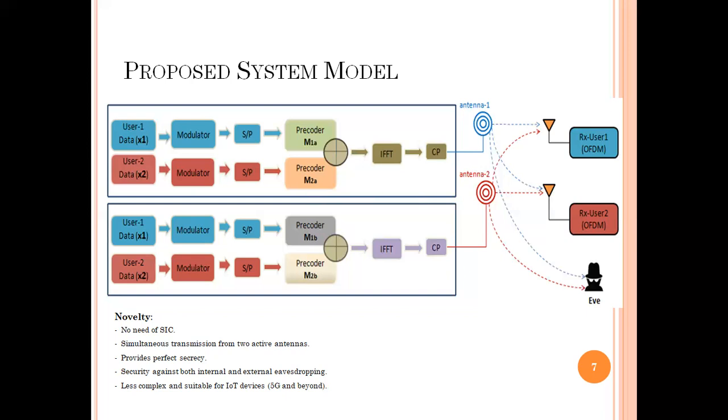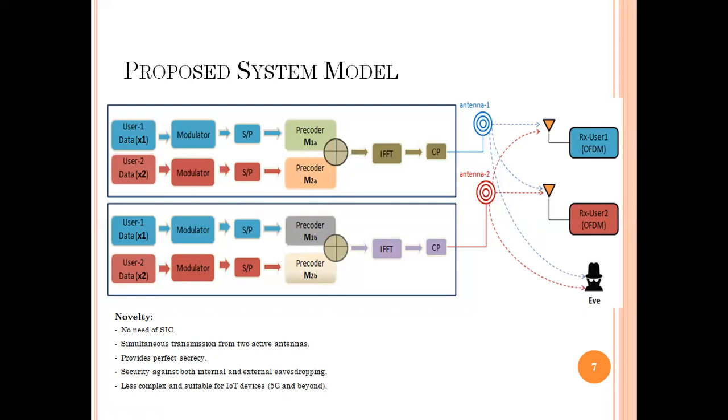By the way, we have shifted all the complexity to the base station and the channel, and minimized the complexity at the receiver. These precoders are channel dependent, and this is where physical layer security comes into play.